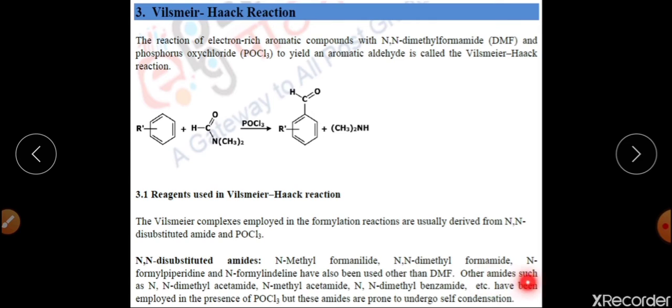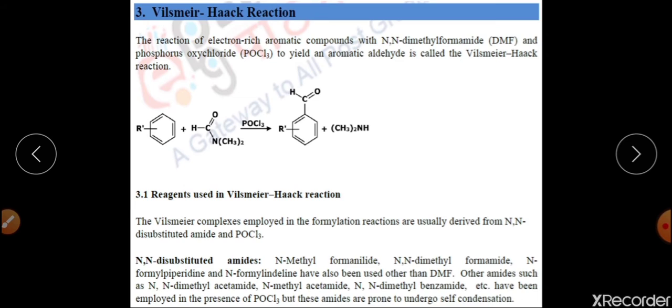There are some other amides like N,N-dimethyl acetamide, N-methyl acetamide, N,N-dimethyl benzamide that have been employed in presence of POCl3, right?